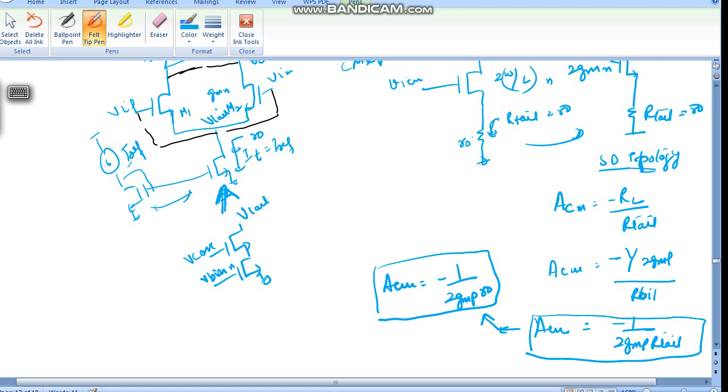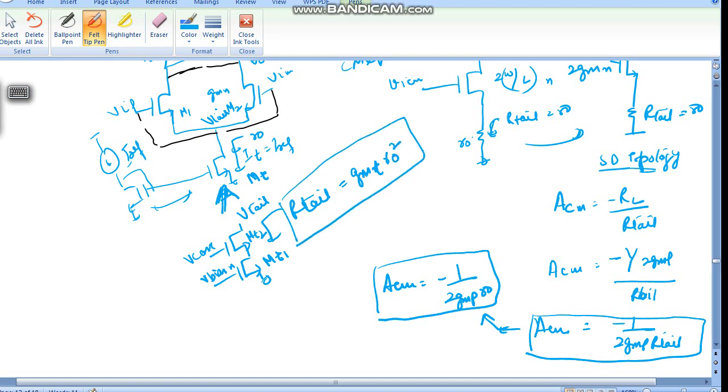Here our tail will be GM, say this is M tail. This is MT1, this is MT2. We assume this is GMT for this device, and RO is the same for both, so RO square will be our R tail for the cascode structure.